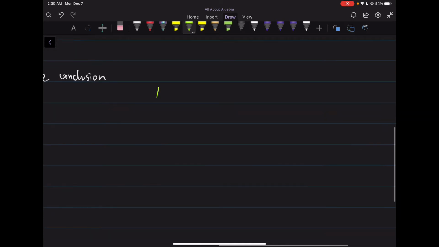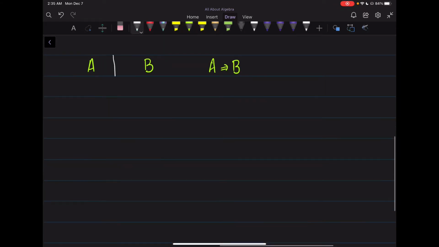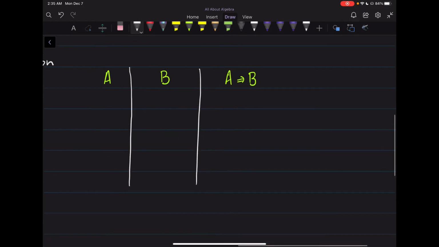And again, I'm going to show a truth table. And this is content working off of last episode's, because truth tables and truth values and all of the content covered in last episode will be very, very important going forward.